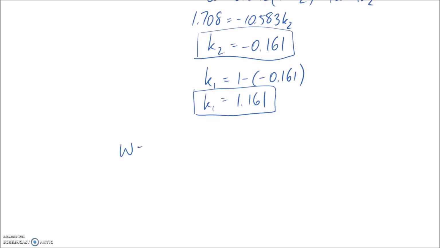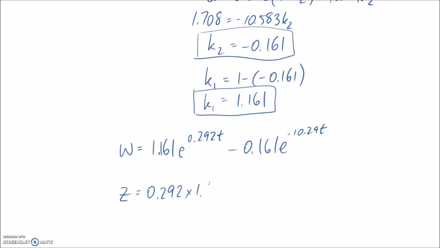So we're going to get w is equal to 1.616, multiplied by e to the that minus the other one, e to the negative 10.290. And then if you substitute into the z equation, this one you're going to need to do a little bit of multiplication on the calculator.